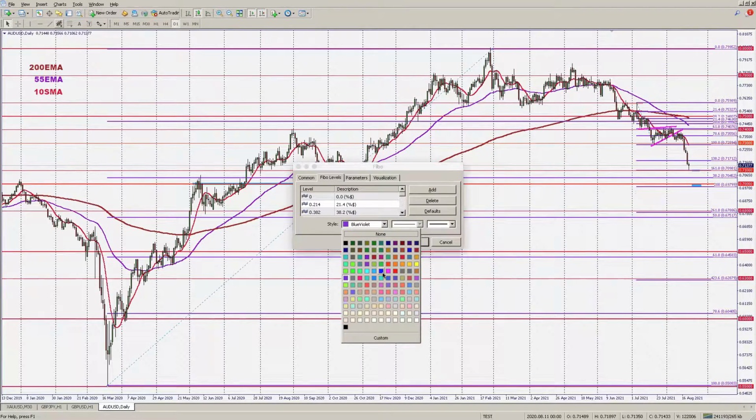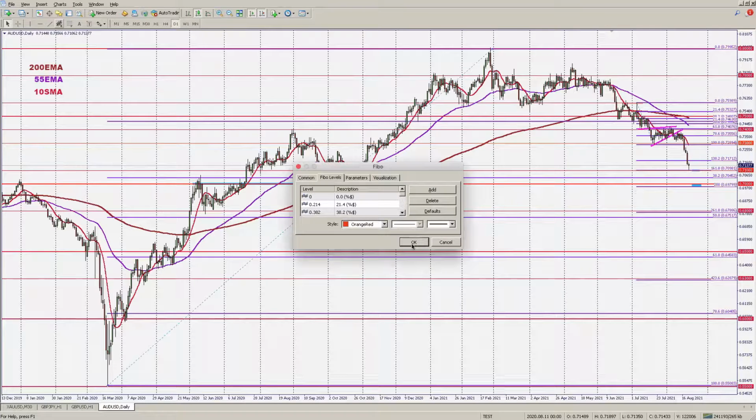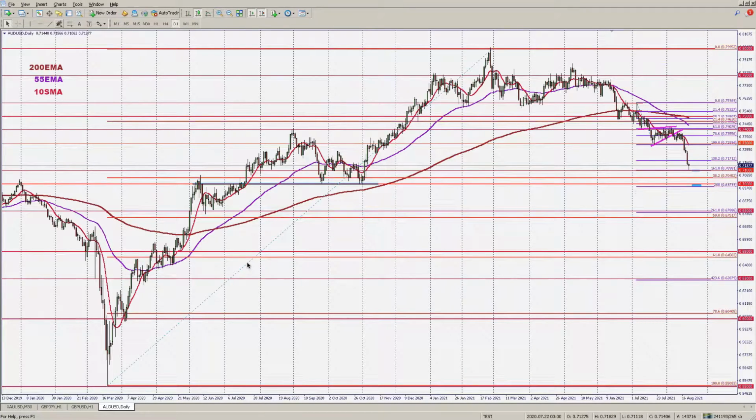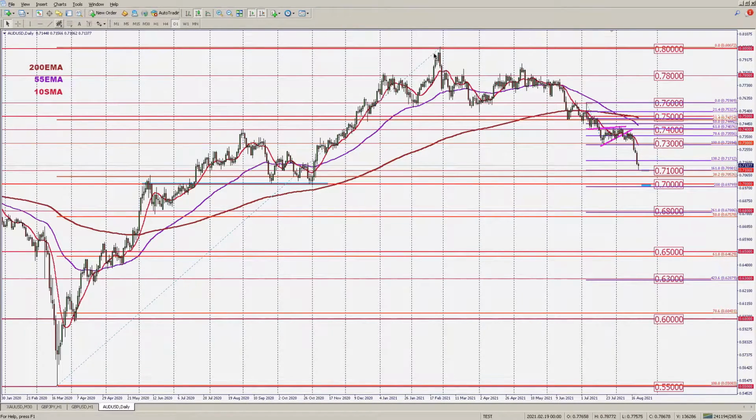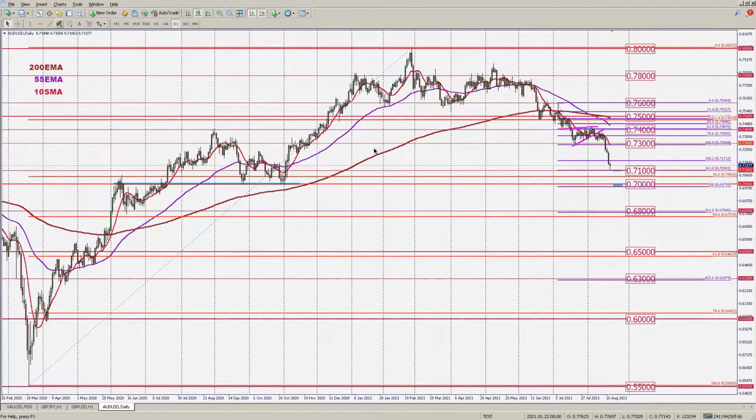Let's change that to red here. Okay, so using this full range from 55 all the way up to 0.80, that's 2,500 pips here.